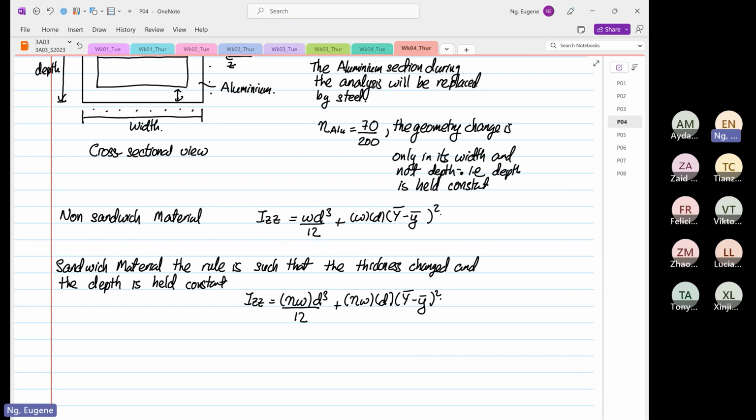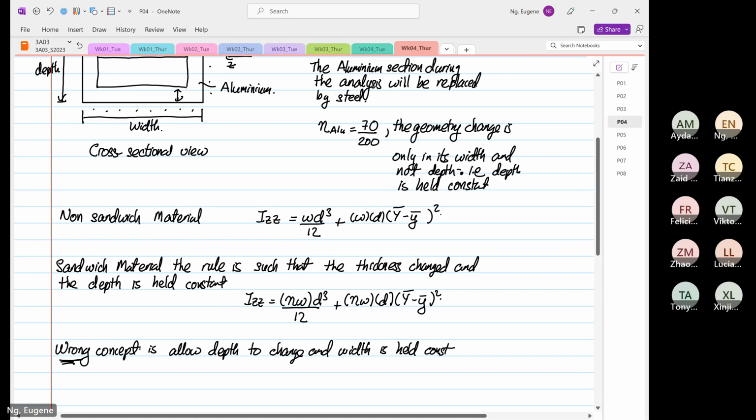If you allow it to change, that is the wrong concept. I highlight over here, the wrong concept is to allow depth to change and width is held constant. We will have problems with our second moment of area, and let me elaborate.